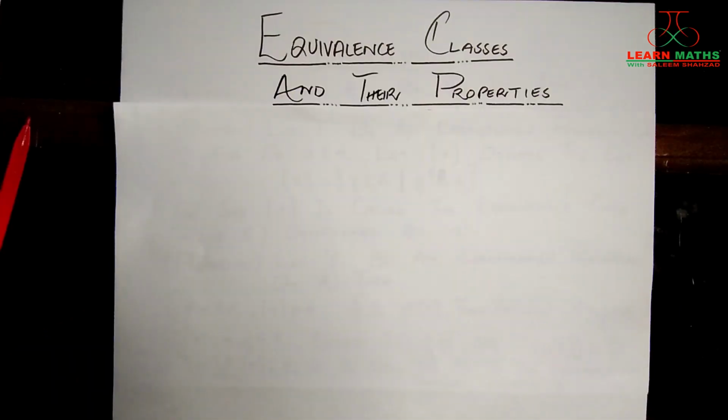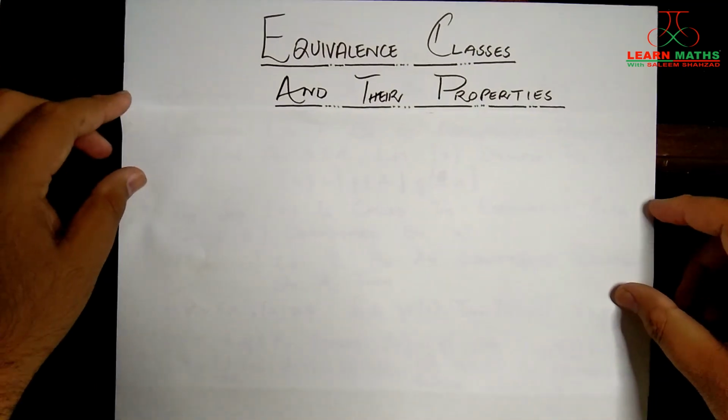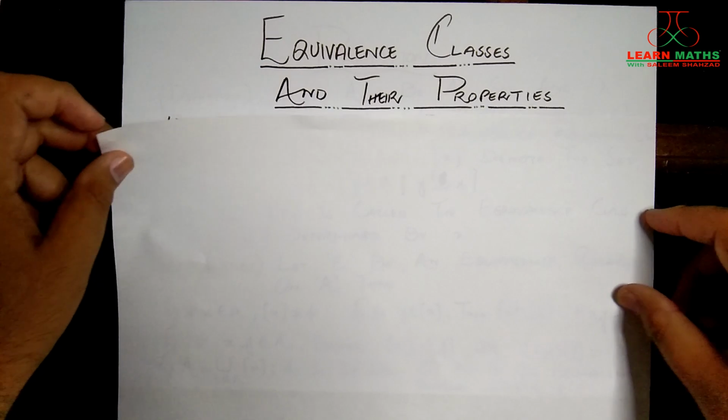Okay. Alright, let us now talk about the equivalence classes and their properties. Let me tell you that this concept is very important, especially when we will study the conjugacy classes and conjugacy relations and so on. This will be very important there. So what does it mean to be an equivalence class?